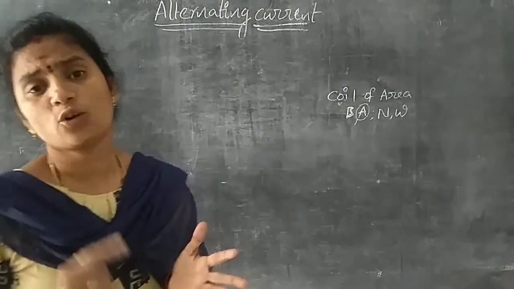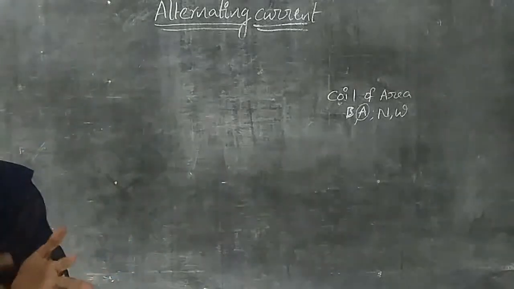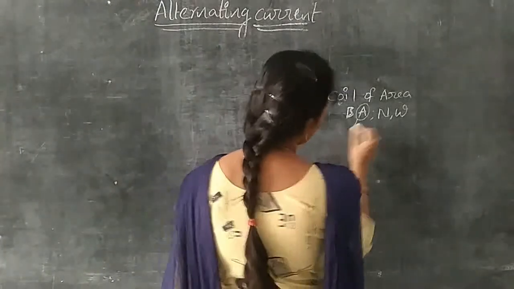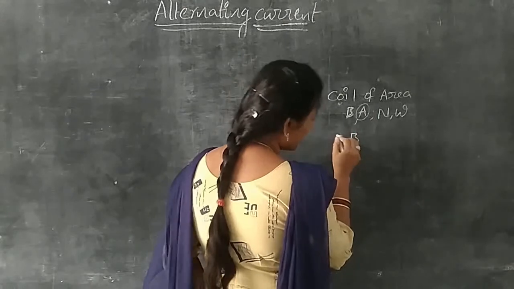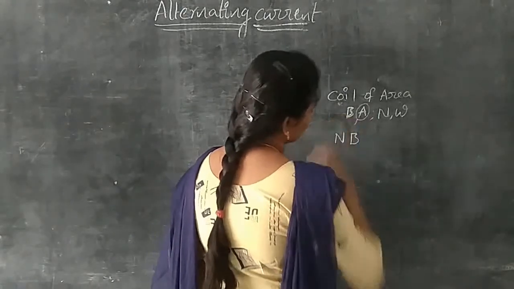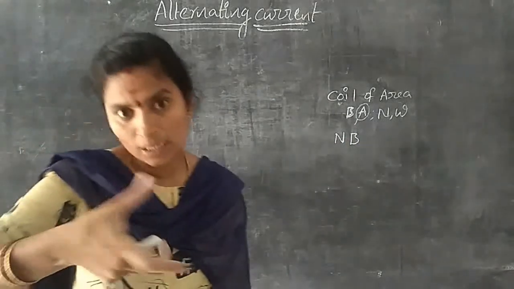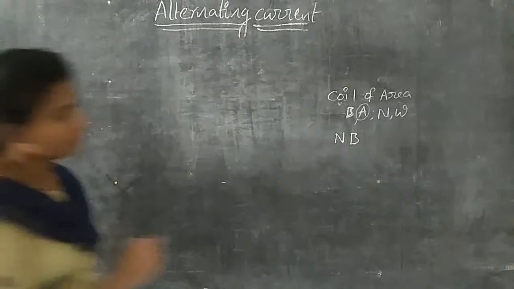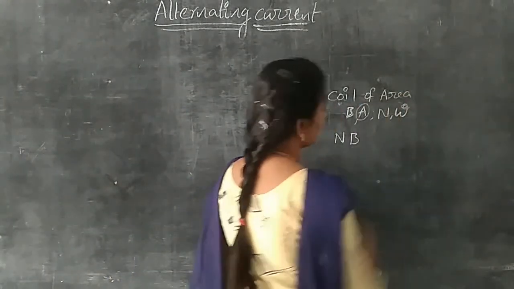Consider a coil of area A which is in the magnetic field B. It contains n number of turns. The coil rotates with angular velocity omega.